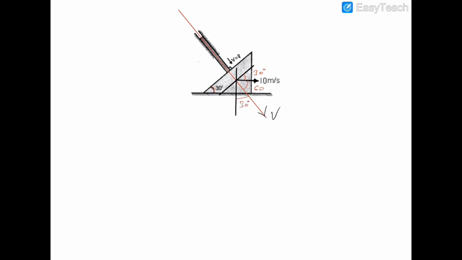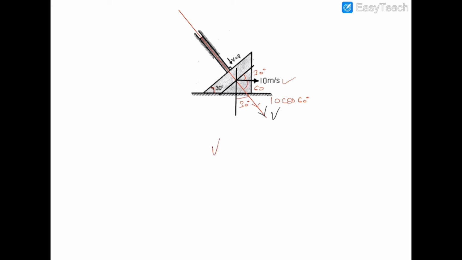As we can see, the velocity vector of the rod is already along the normal, so we do not need to resolve it further, and we have to resolve just this velocity vector of 10 meters per second. So we are resolving it, and we are writing its equation, that its component along the normal will be 10 cos 60 degrees.